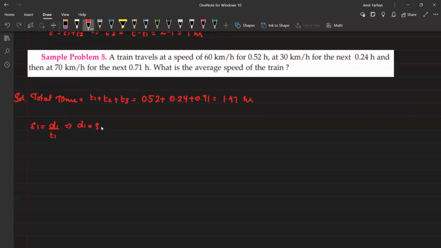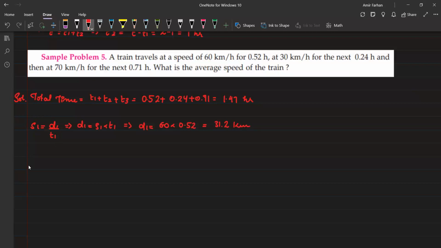So D1 is equal to S1, which is 60, into 0.52, which comes out to be 31.2 kilometers.